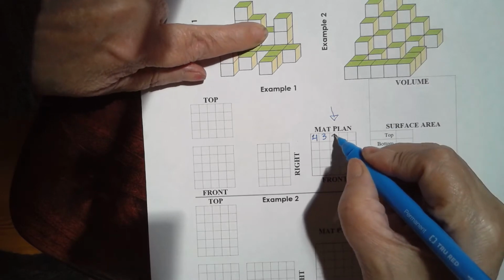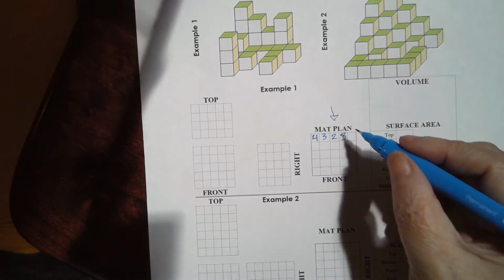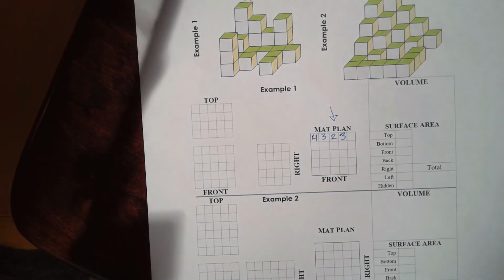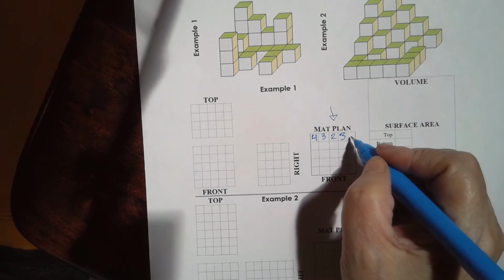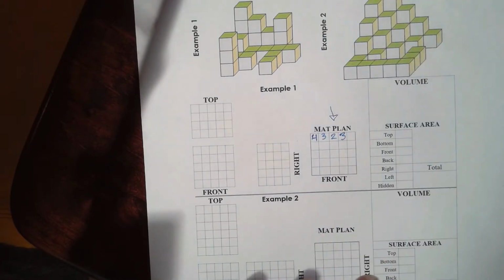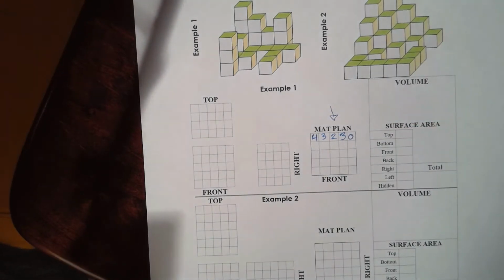Next to that, we have 2 blocks, and then 3 blocks. Now, a common mistake that some students make is they look at this and say, well, there aren't any there, so I'll just leave this blank. But the instructions on the test will specify that you have to put a number in every single space. So we're going to put a 0 here.